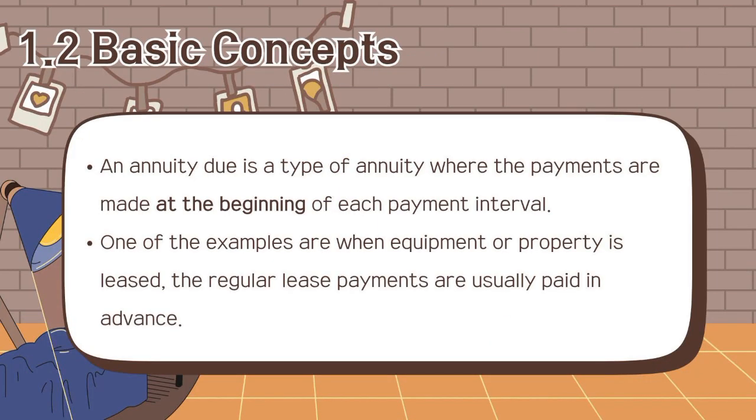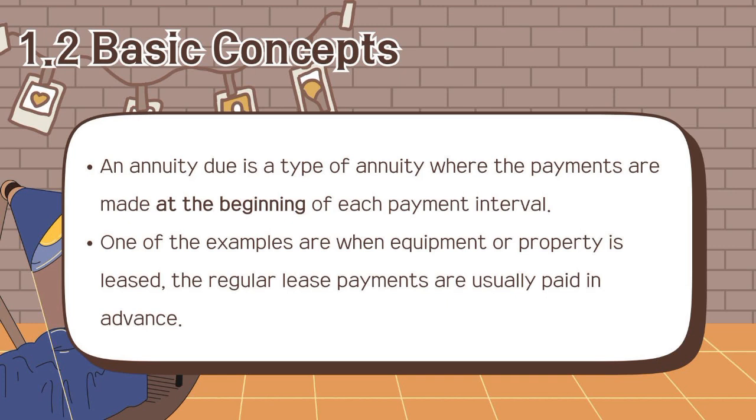So for our basic concepts, an annuity due is a type of annuity where the payments are made at the beginning of each payment interval. So if the ordinary simple annuity is always paid at the end, the annuity due is always paid at the beginning of each payment interval.